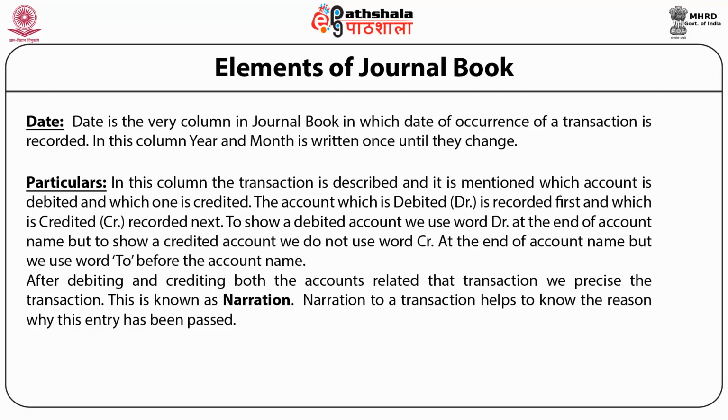To show a debit account, we use the symbol DR, that is debit, at the end of the account name, and to show the credit account, we use the symbol CR, the short form of credit. At the end of the account name, we use To before the account name, because in case of the credit, we do not use the word credit.